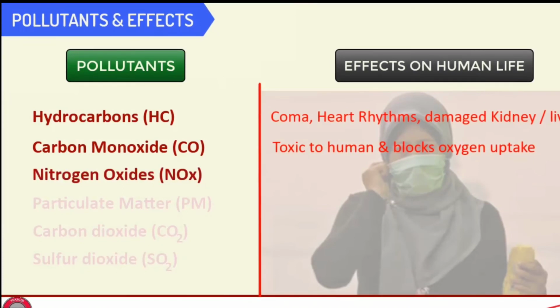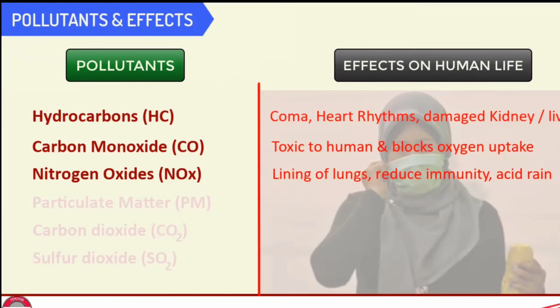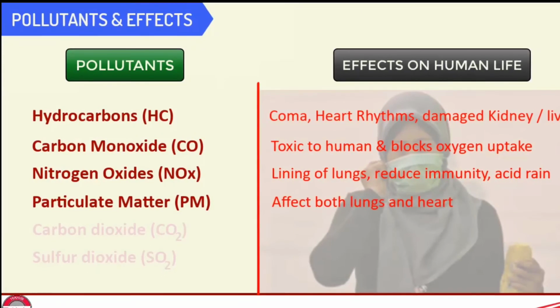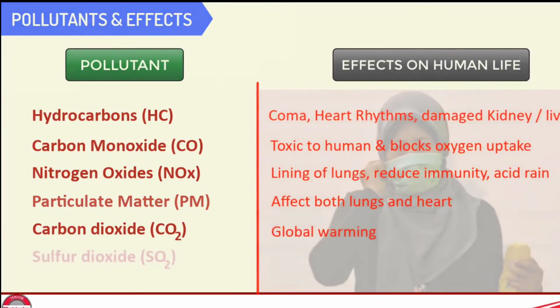Nitrogen oxide, that is NOx, inflames the lining of the lungs and can reduce immunity to lung infections. Nitric acid contributes to acid rain. Particulate matter, that is PM, exposure can affect both lungs and heart. Carbon dioxide, that is CO2, is a major contributor to global warming.